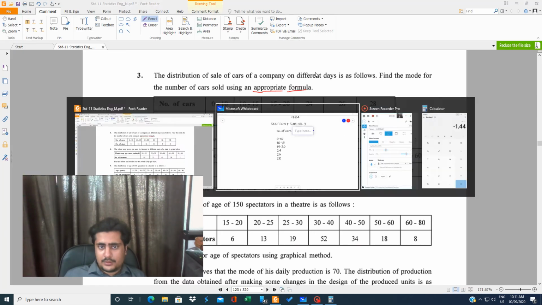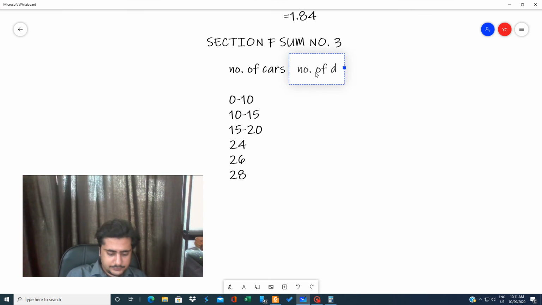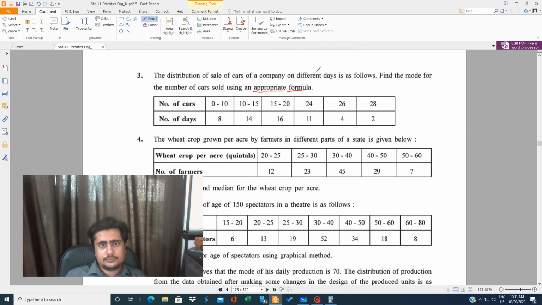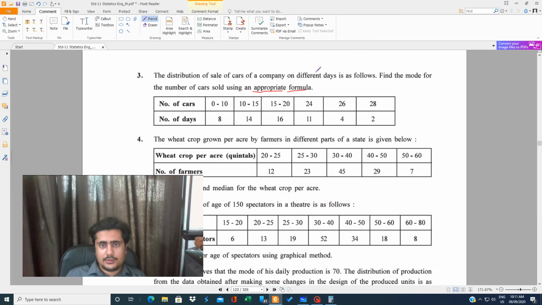Then number of days: 8, 14, 16, 11, 4, 2.